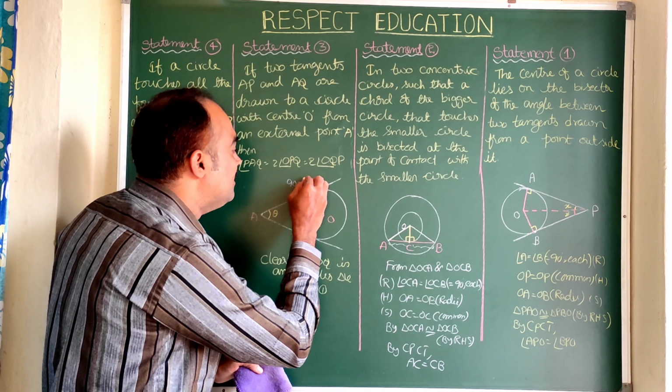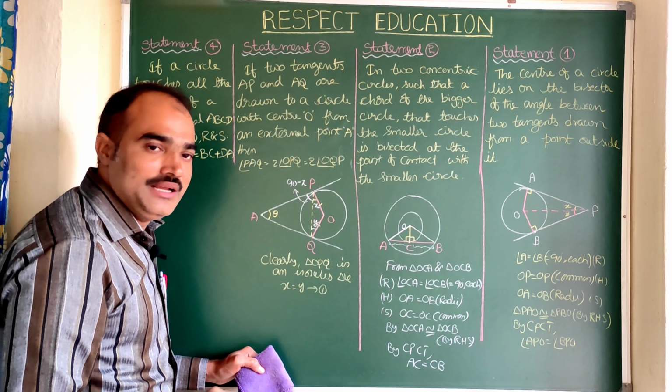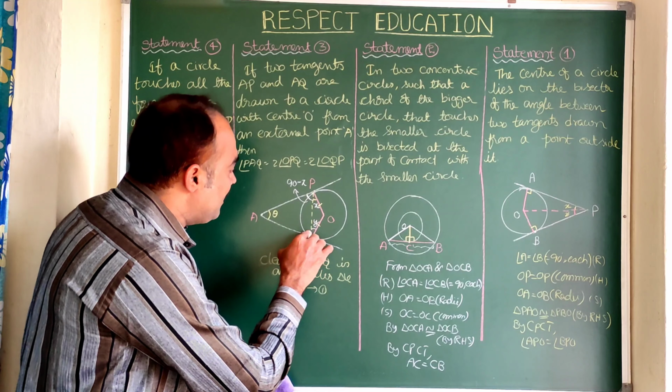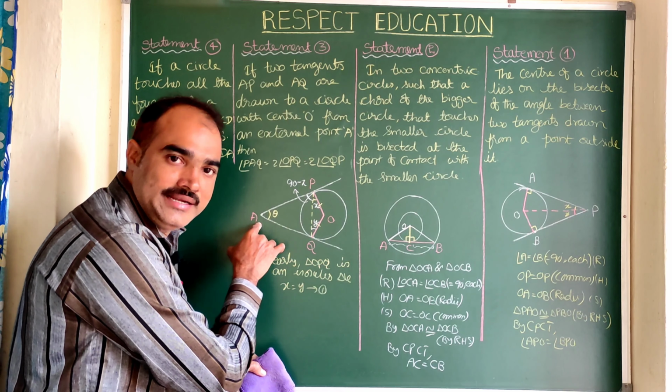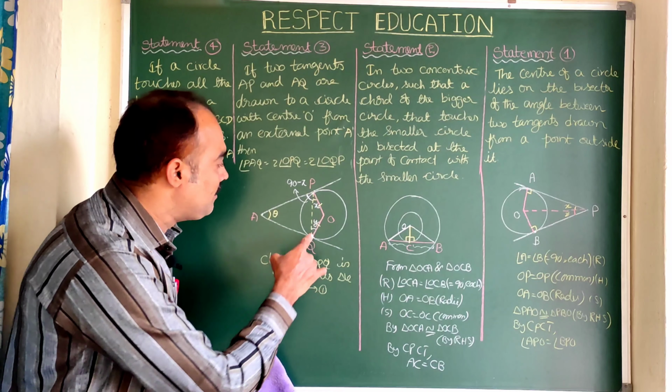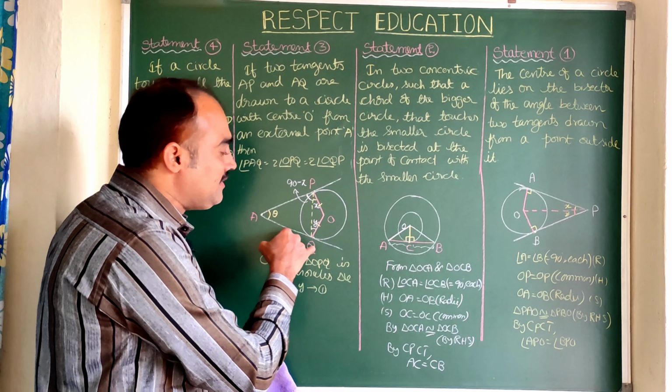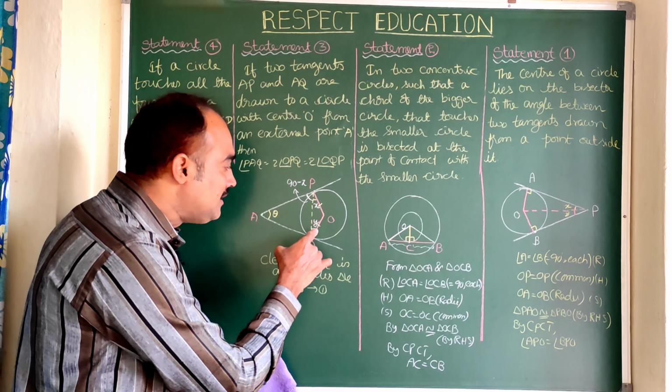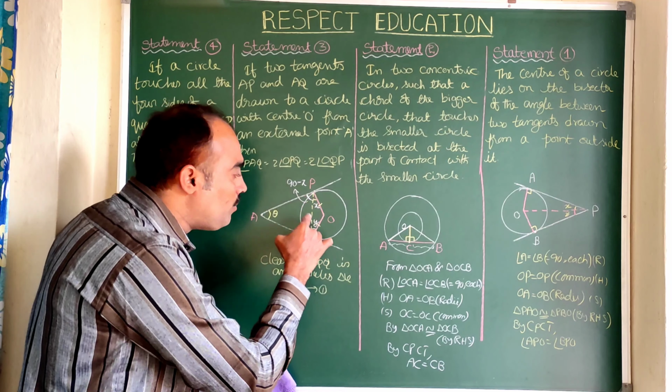Similarly angle OQA is 90 degrees. The reason is the same, the angle between the radius and the tangent at the point of contact is 90 degrees, whereas angle OQP is occupied by y.